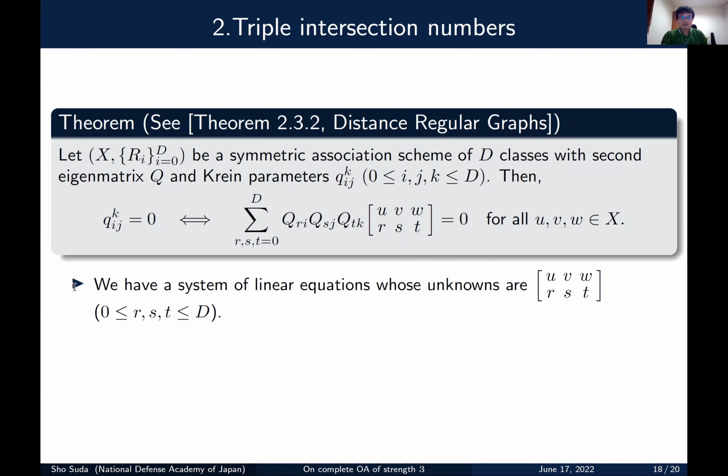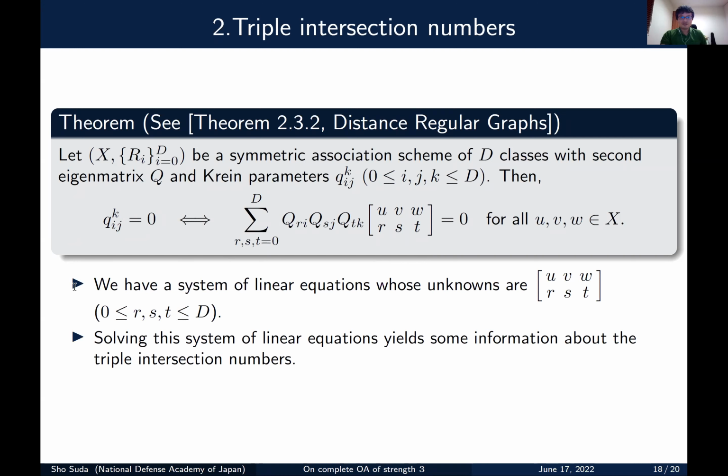So now we have a system of linear equations whose unknowns are triple intersection numbers, and solving these linear equations of course gives some information about the triple intersection numbers. And if we are lucky, sometimes it contradicts integrality of the triple intersection numbers.